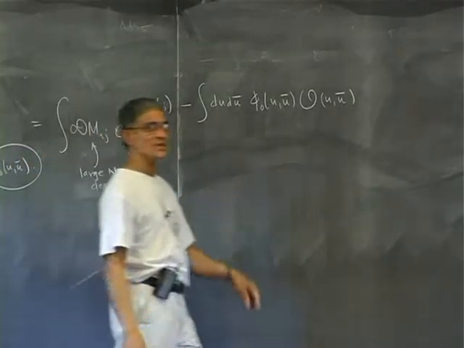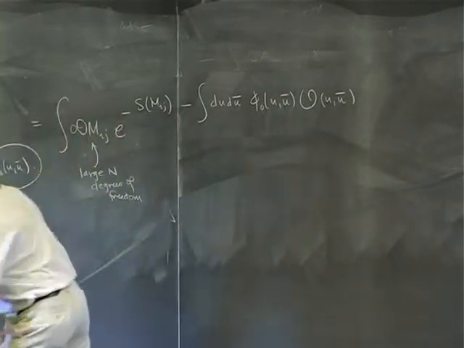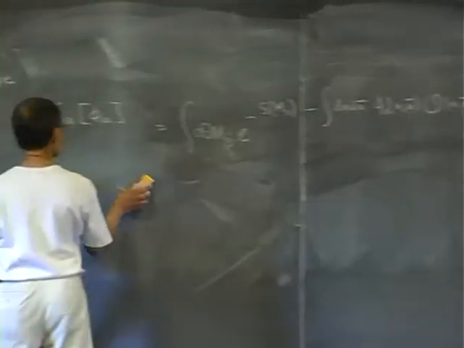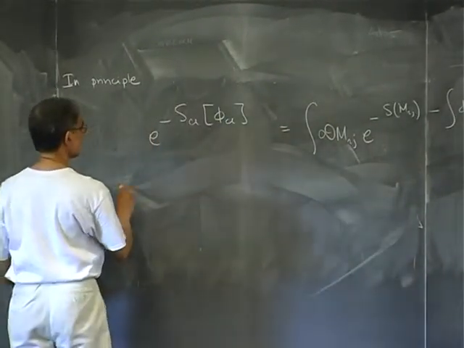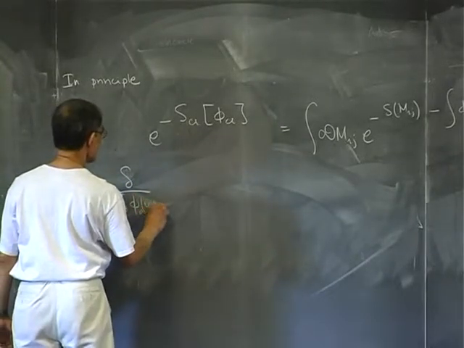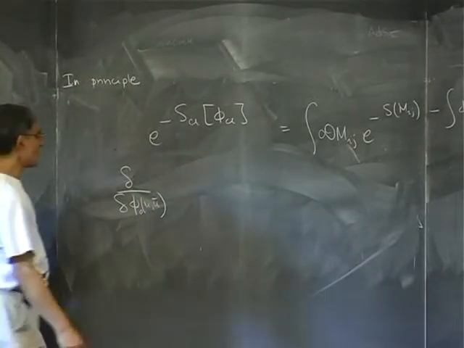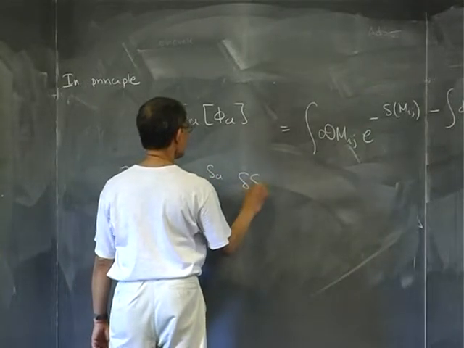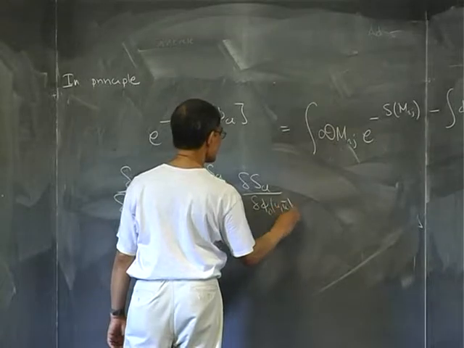But this tells you something interesting. If this is correct, then what I should be able to do is the following. I should be able to take del phi naught of u and u bar on both sides. On the left hand side, it gives you e to the minus s classical, del s classical over del phi naught of u bar.